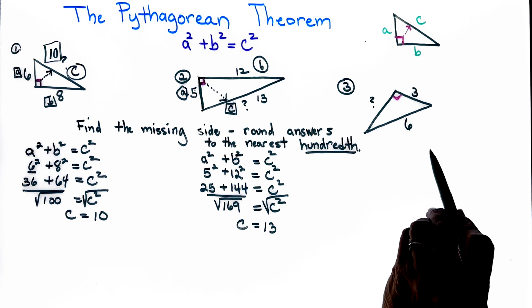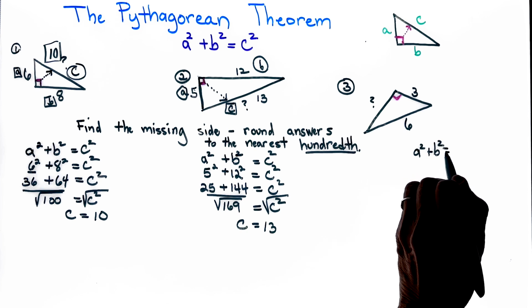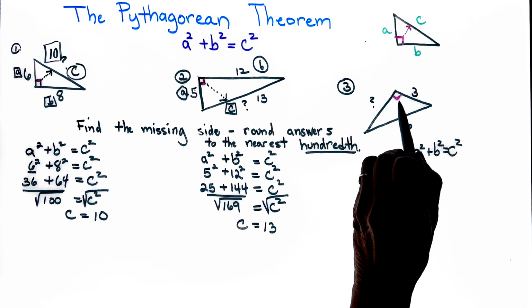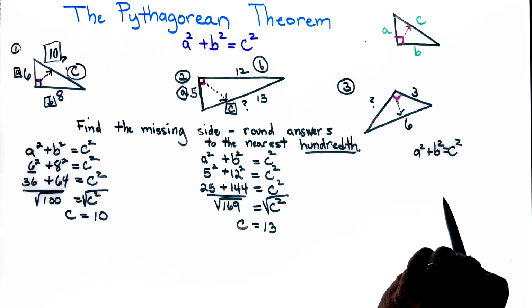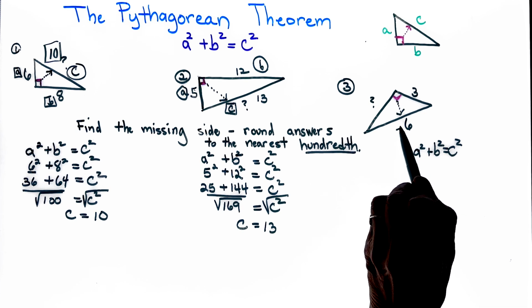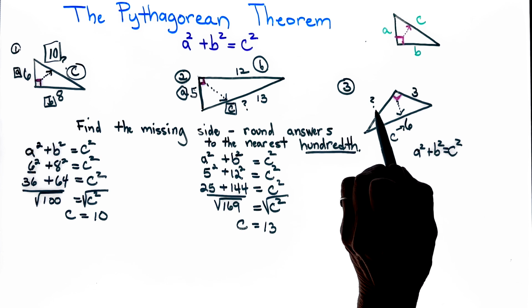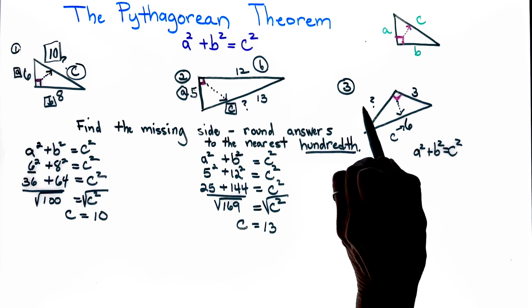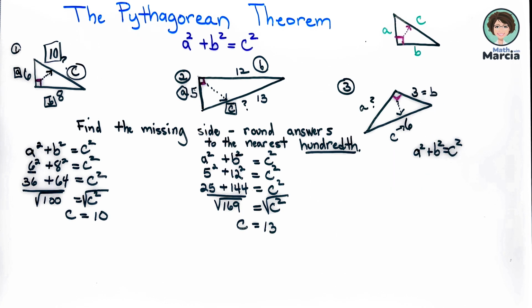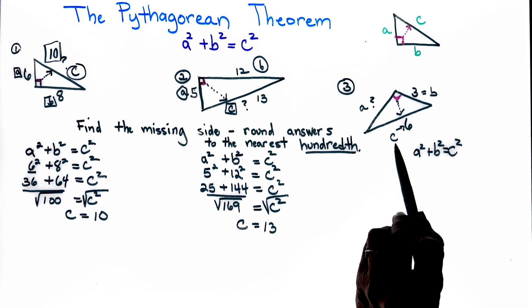Looking at number 3 now, again, I'm going to write a squared plus b squared is equal to c squared. When I'm looking at this, I'm walking across from my 90-degree box, and there's my hypotenuse. So I know that the 6 has to be letter C. I know the side that's missing can be called A or B, so I will call it A, and we will say that the 3 is B. Using this equation, let's plug in the information from the picture.